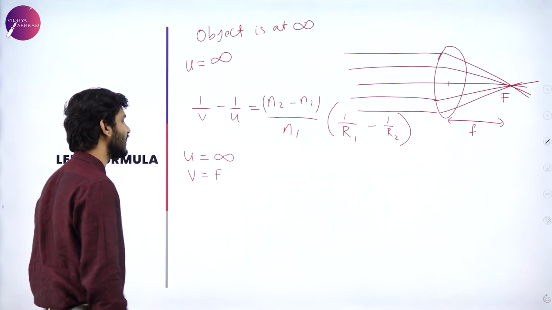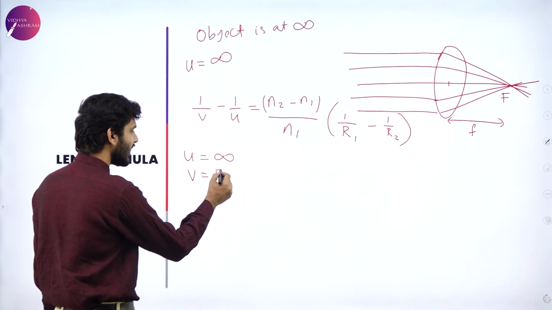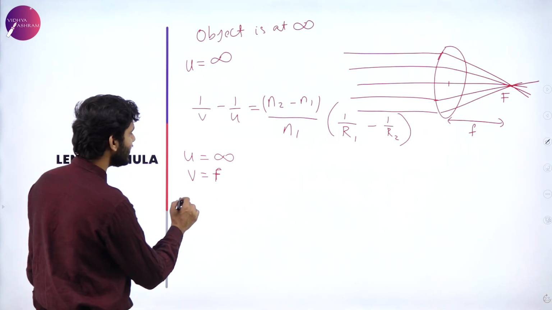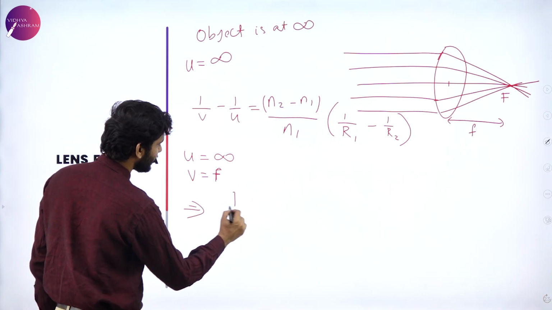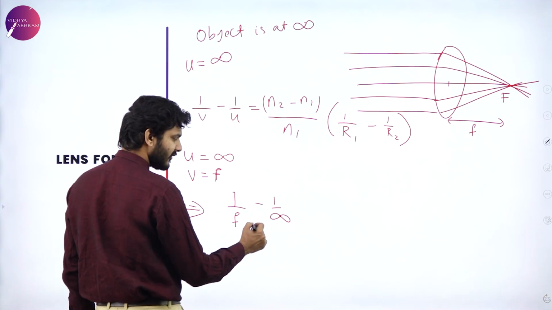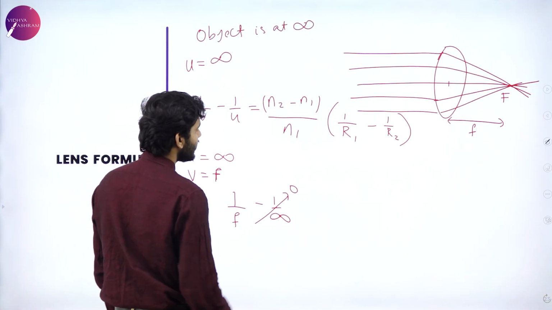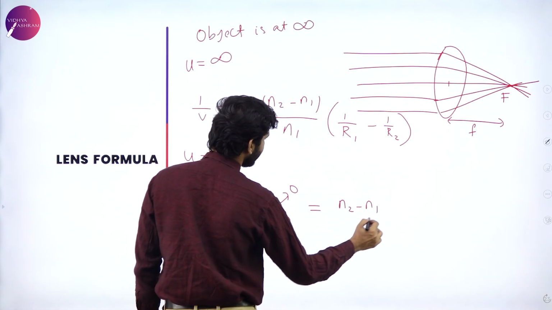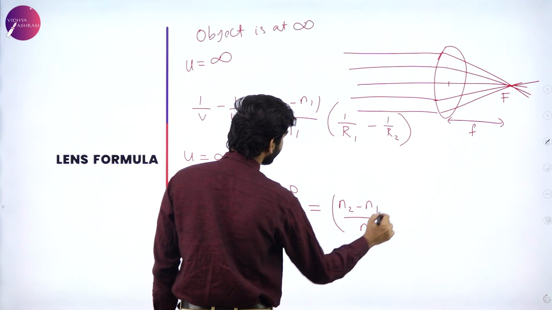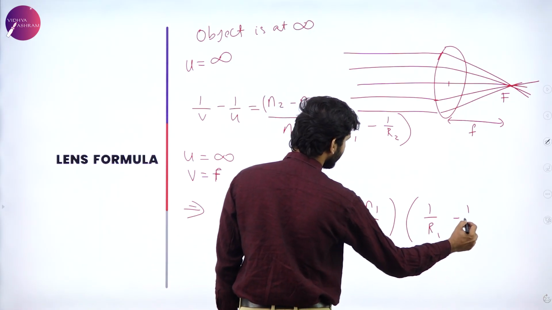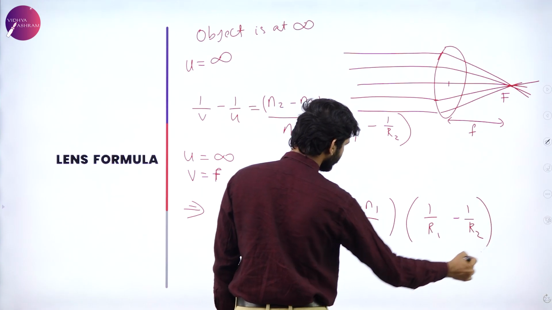So V becomes f. Then automatically this equation will be transformed into 1 by f minus 1 by infinity. 1 by infinity is nothing but 0, is equal to (N2 minus N1) divided by N1 into (1 by R1 minus 1 by R2).